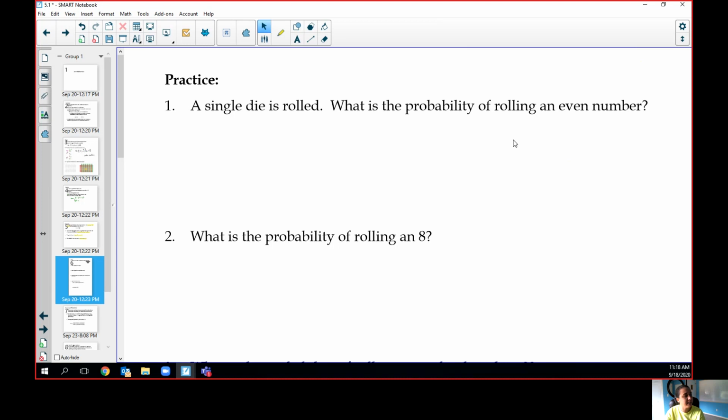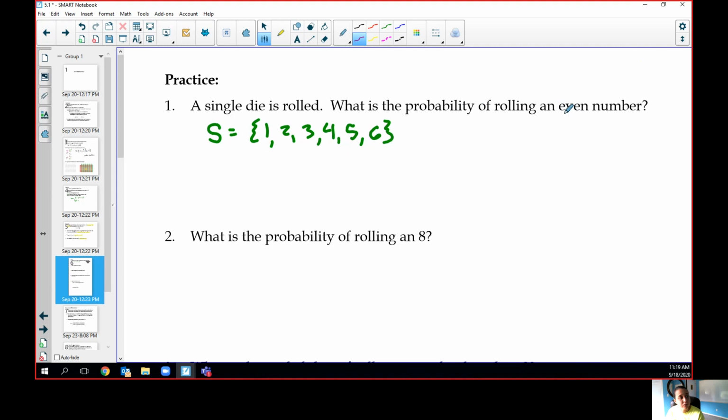If a single die is rolled, we want to know the probability of rolling an even number. Well, let's first talk about the sample space for a single die rolled. The sample space is going to be the numbers 1, 2, 3, 4, 5, and 6. Those are all the possible numbers I could roll on a die. Then they want us to roll an even number.